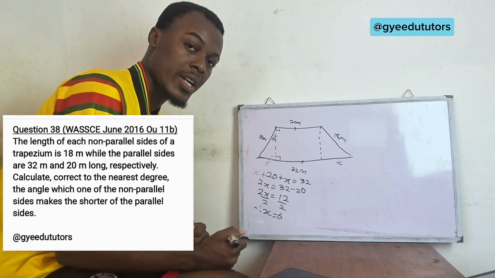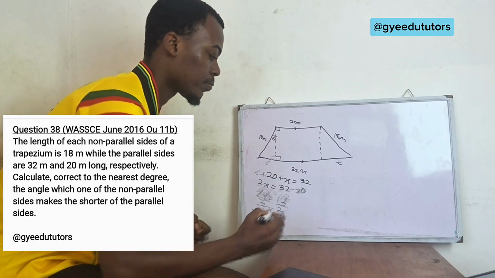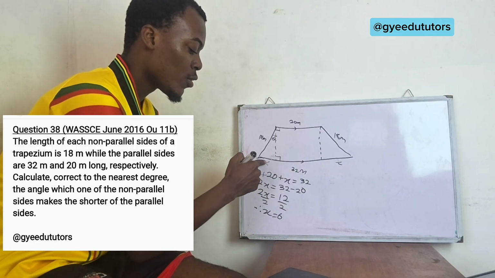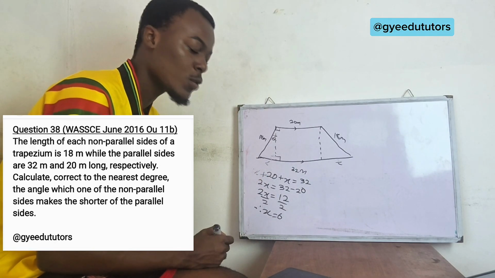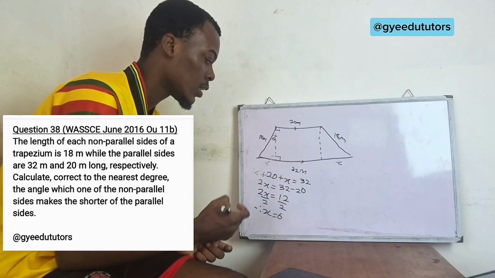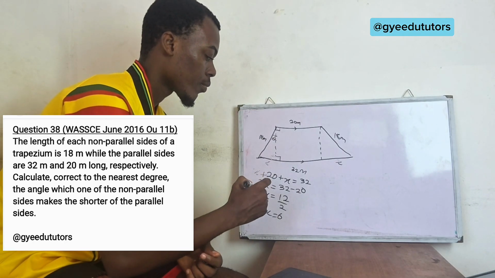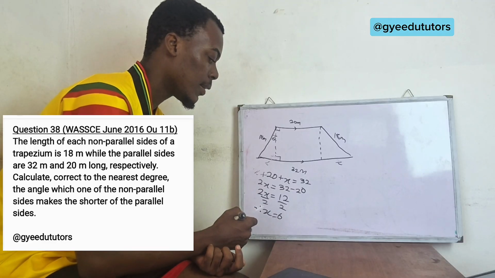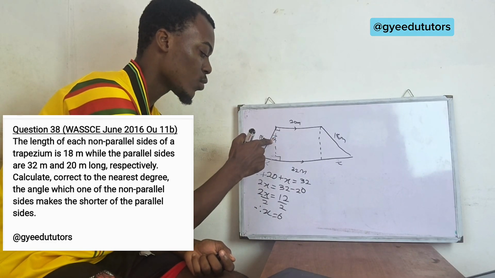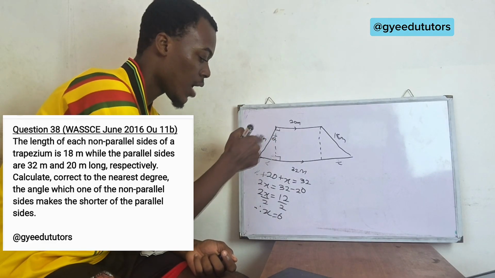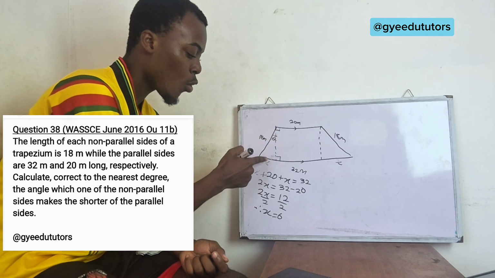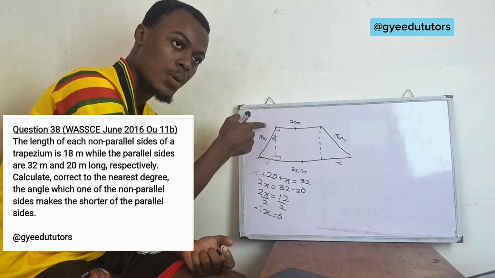Now we know the value here to be 6, so you can easily use it to find theta. Sine is opposite over hypotenuse.